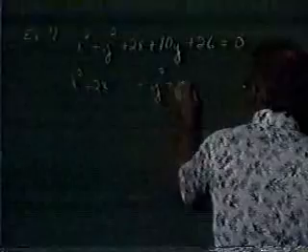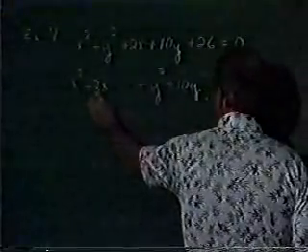Okay, looking at example 7, we have another problem we have to deal with. Let's graph that, if possible. So this would be x squared plus 2x, leave a space, plus y squared plus 10y, leave a space, equals minus 26. Dividing this by 2 is 1.